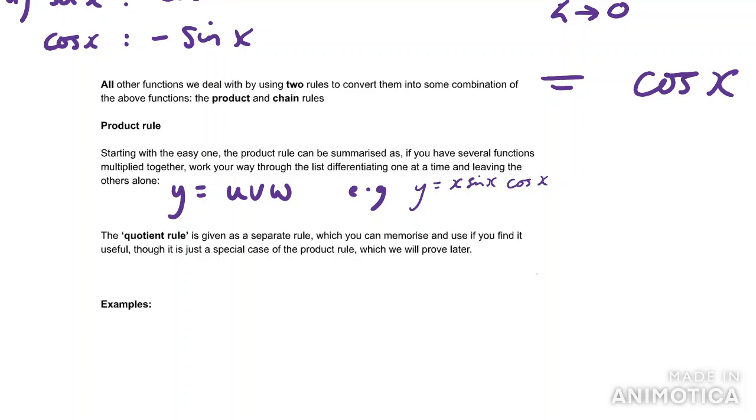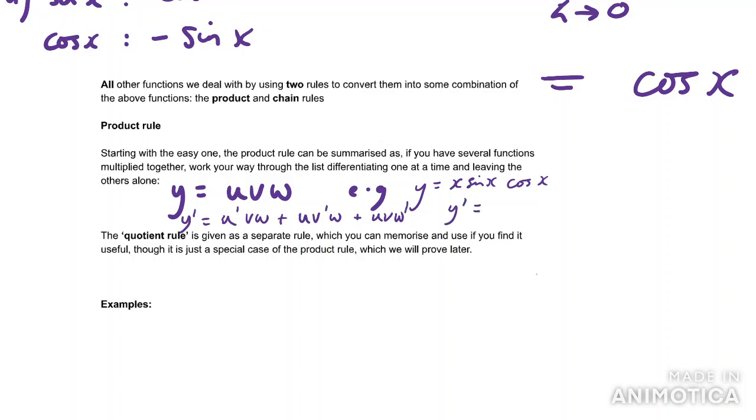Well, for the product rule, to differentiate, you just work your way through differentiating each one while you leave the others alone. So u dash vw plus u left alone v dash w plus u and v left alone w dash. And so this is a very easy rule.